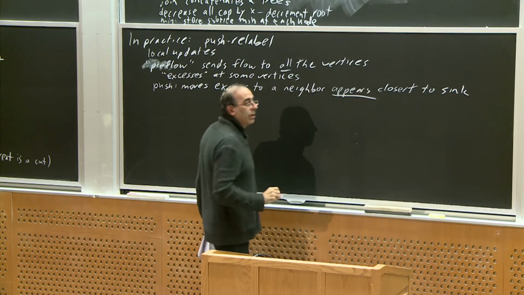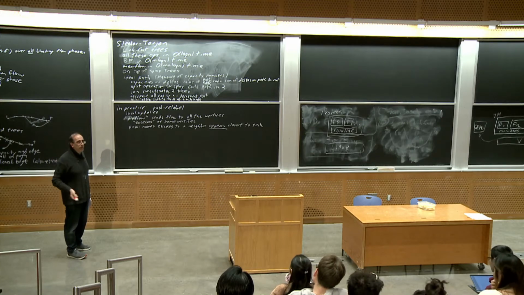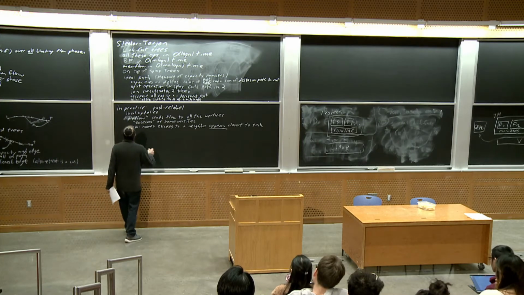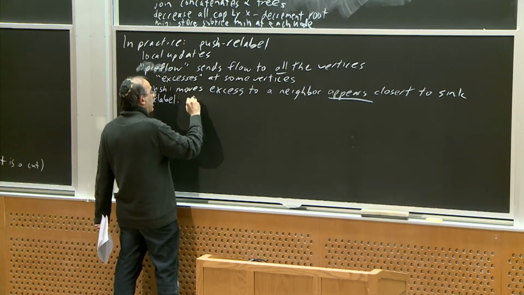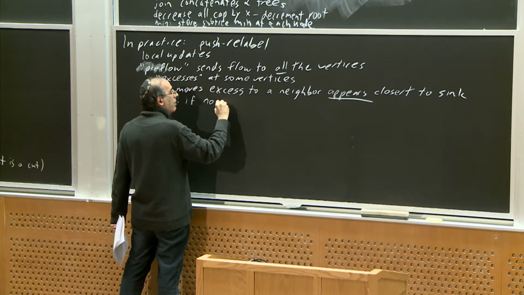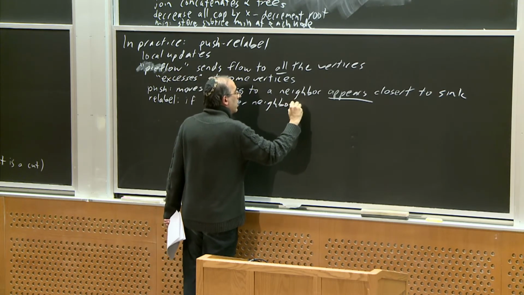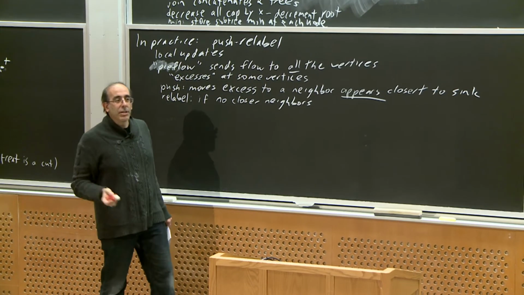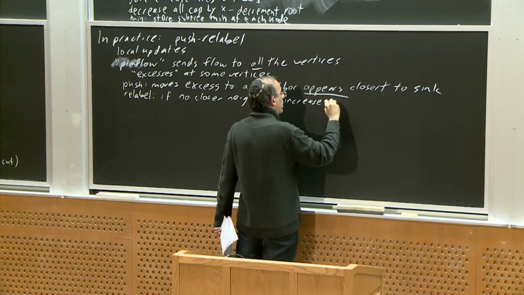And I say appears here because you don't work with the actual distances, you just work with your current distance estimates, which are kind of like the distance estimates in Dijkstra's algorithm, in that they're upper bounds on the distance, but they might not be accurate. A relabel is used and says, if you have no closer neighbors, then you have an indication that your distance is wrong, and you increase your distance.